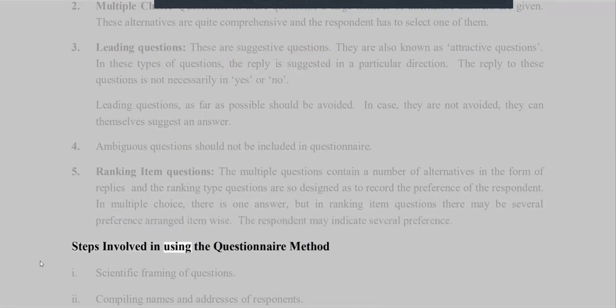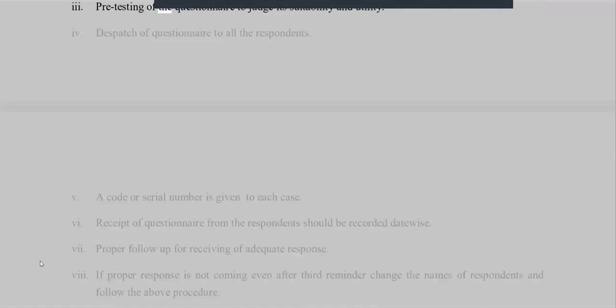Steps involved in using the questionnaire method are: 1. Scientific framing of questions. 2. Compiling names and addresses of respondents. 3. Pretesting of the questionnaire to judge its suitability and utility. 4. Dispatch of questionnaire to all the respondents. 5.